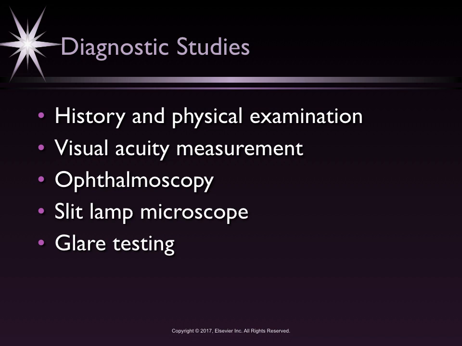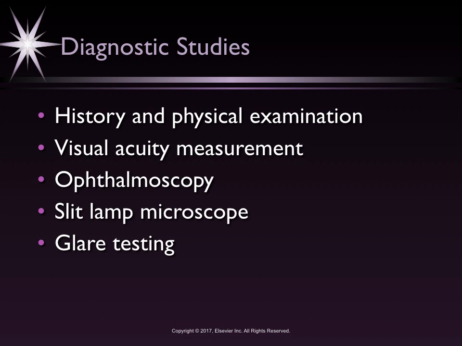If any of you have been into your ophthalmologist, they put your chin up real close and then they shine that light into your eye where it's like a rectangular shape that, of course, drives your retina crazy. But that's your slit lamp microscope, and they also do glare testing.